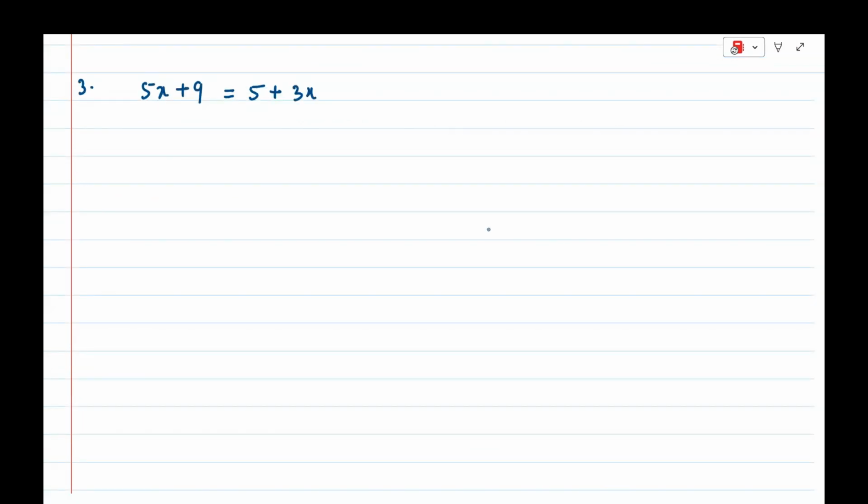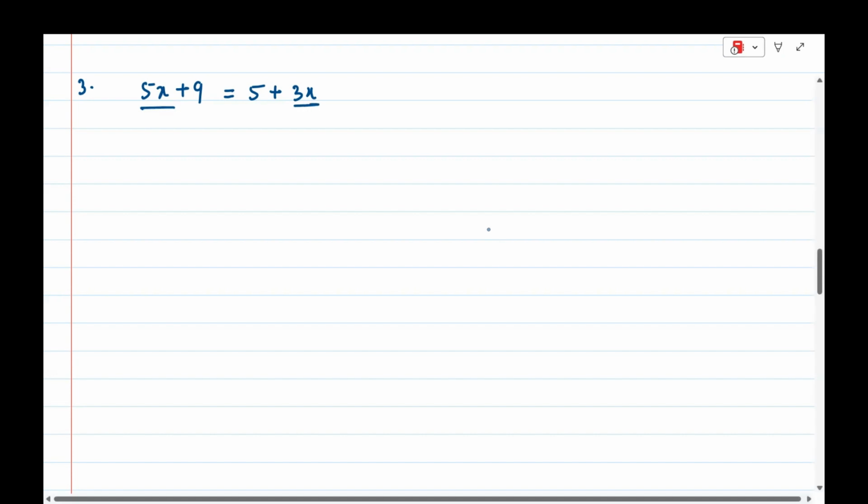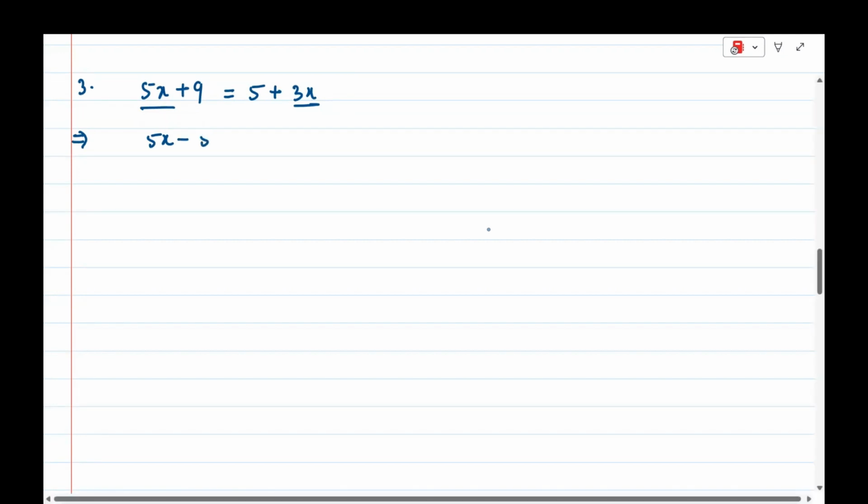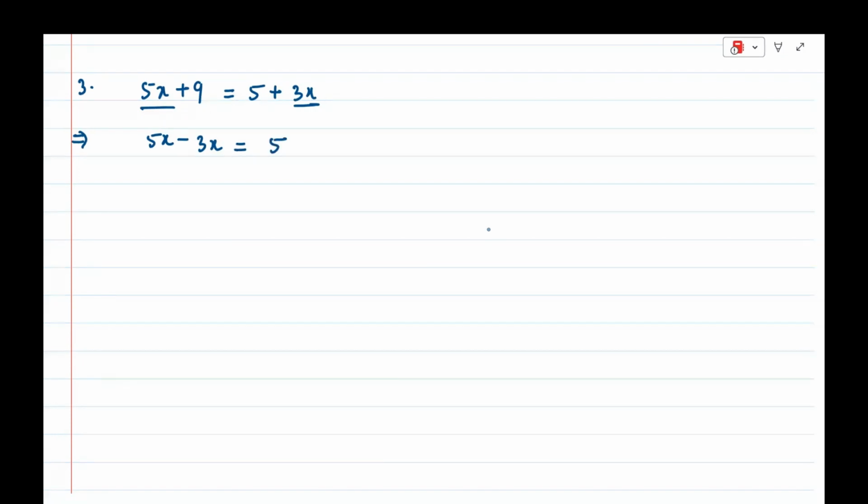Let's see the third question with the tips I have shared before the exercise. So first thing, separating the variable. Here, I have 5x. On the right-hand side, 3x is in plus. As it is changing the sign, it will become minus 3x. On the right-hand side, I already have 5. On the left-hand side, it is plus 9; going to that side it will become minus.